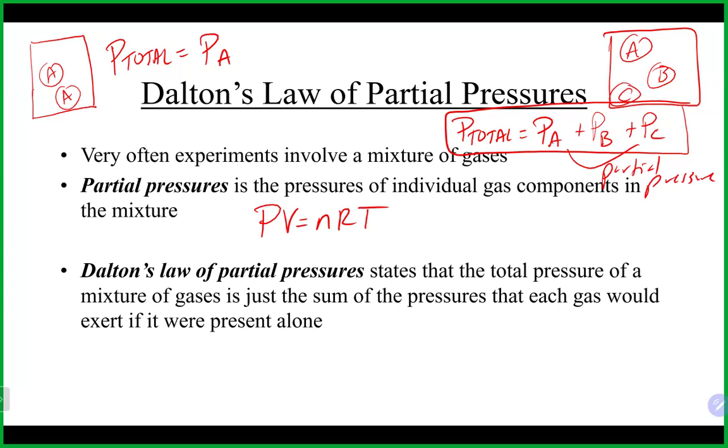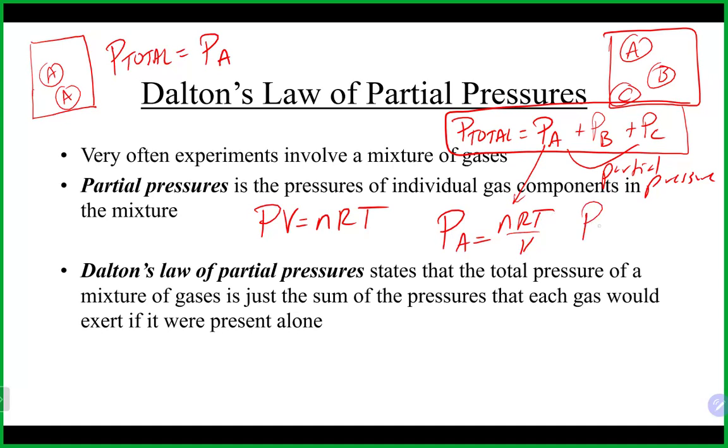Now, if you remember, one of the things we talked about a bit ago is that what makes something an ideal gas is that you could have multiple gases in the same container, but they really will not interact with each other. So what that allows us to do in a situation like this is use the ideal gas law for each of those gases individually.